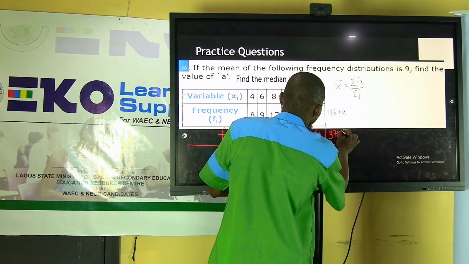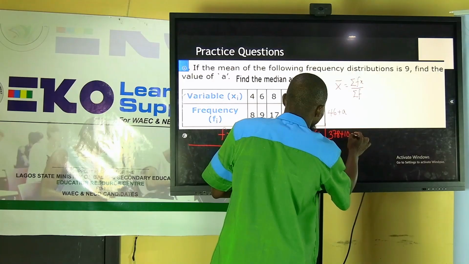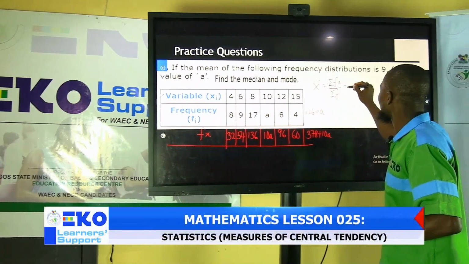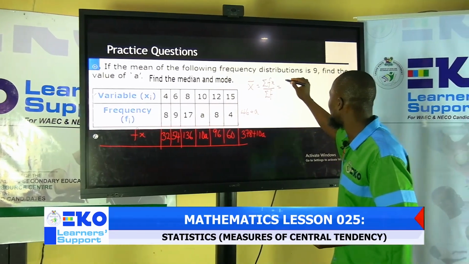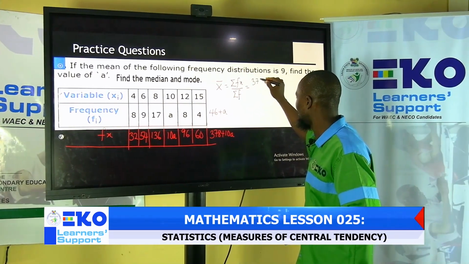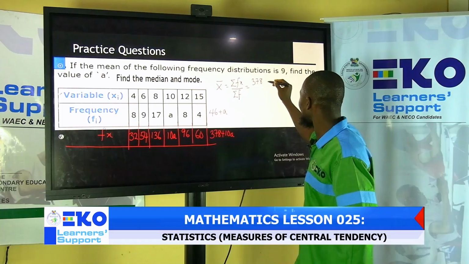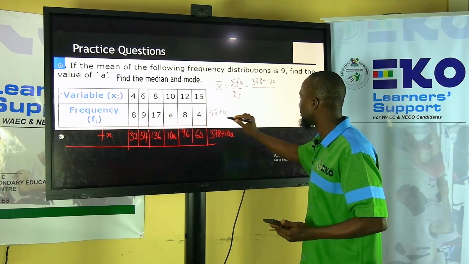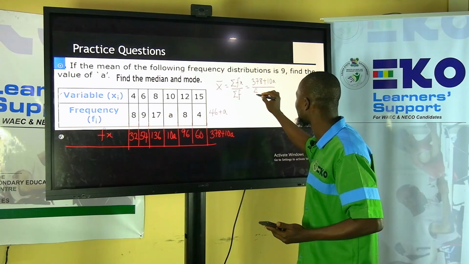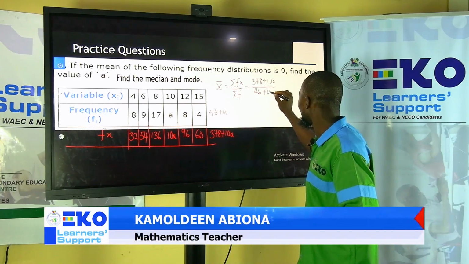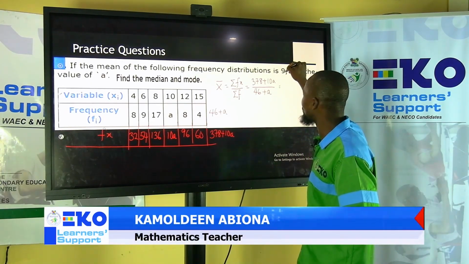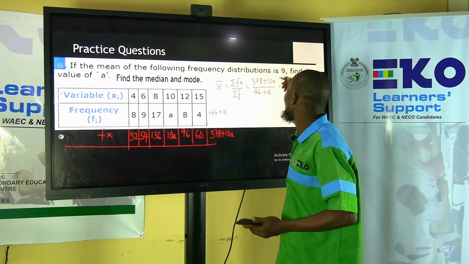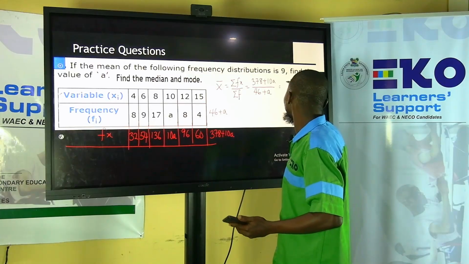So summation fx is 378 plus 10a, divided by summation f, which is 46 plus a. This is our calculated mean, and it must be equal to the given mean, which is 9.